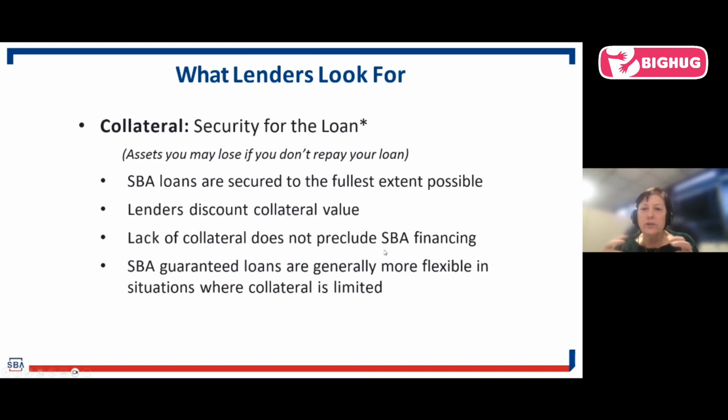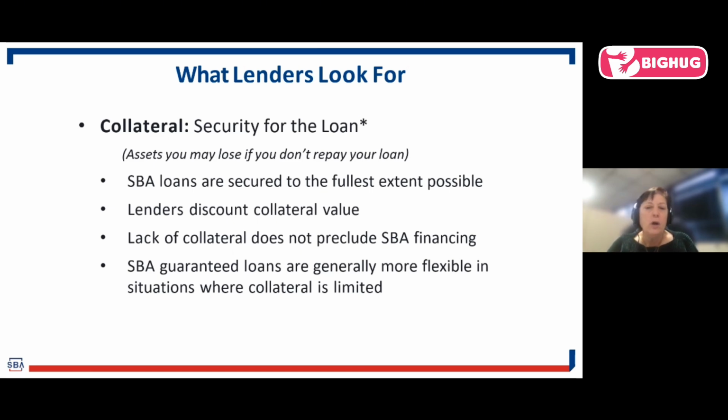All right. Collateral is a really big deal because what the lenders look at is what we call liquidation value or fire sale value. So if you're getting a loan and that loan is to go out and buy $100,000 in brand new equipment for your business, the liquidation value of that collateral is 75%, or it's worth $75,000 as pledged against the loan.